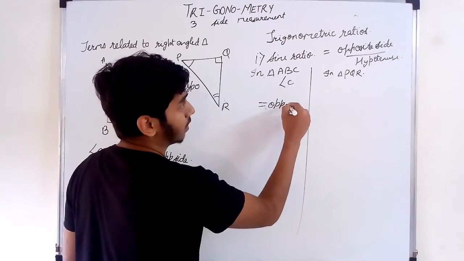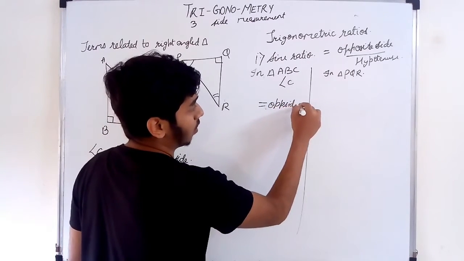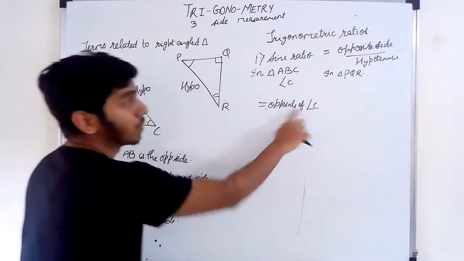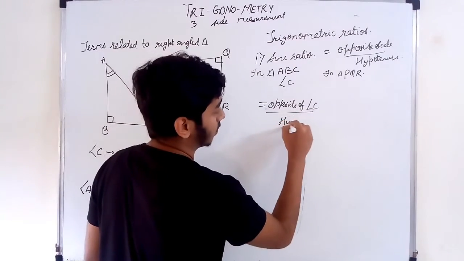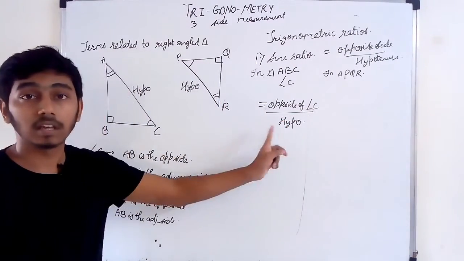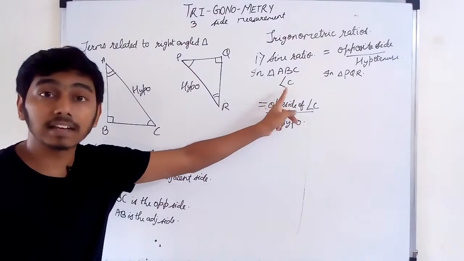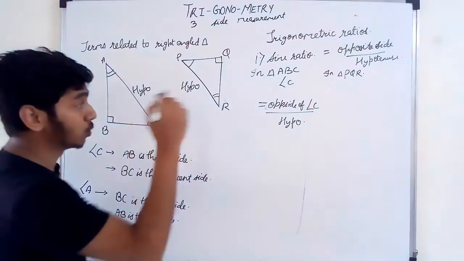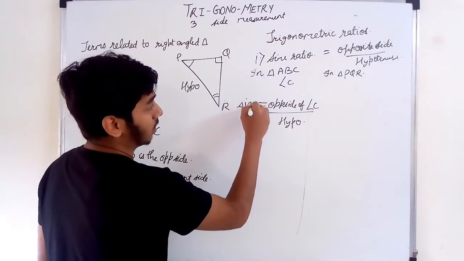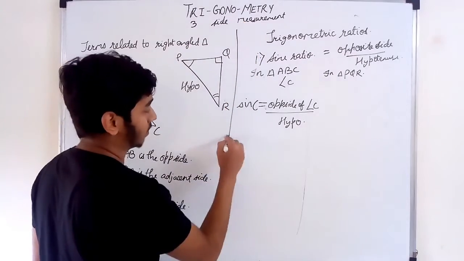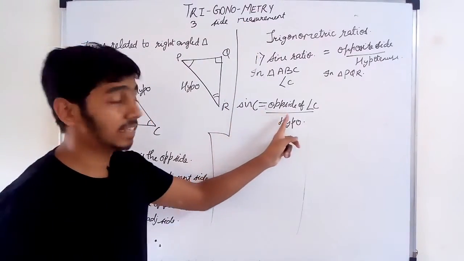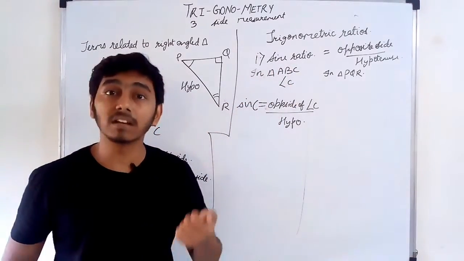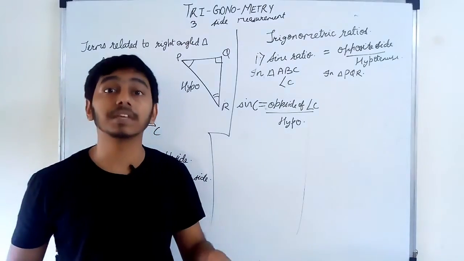The opposite side of angle C upon the hypotenuse. So for triangle ABC we'll say sine C. Then we'll be learning what is cosine, then tangent, which means tan.